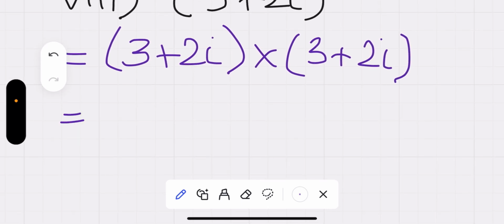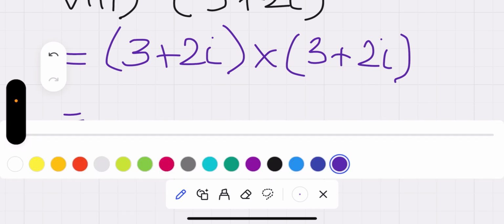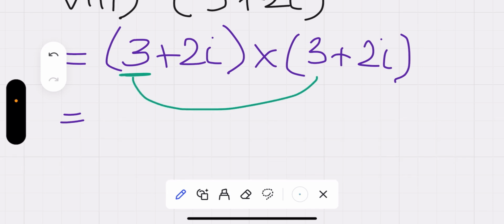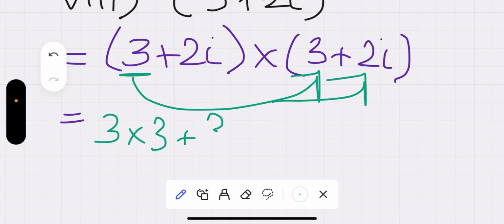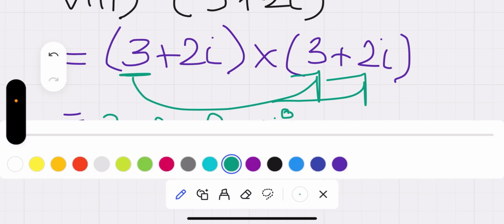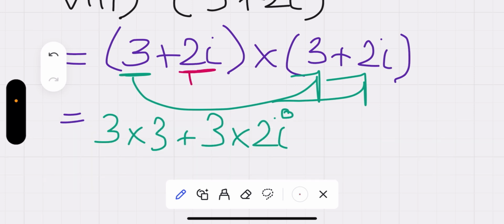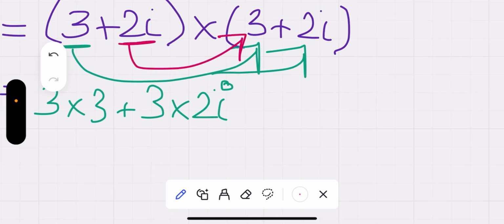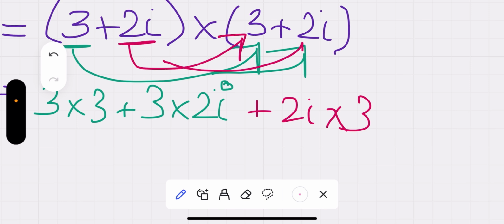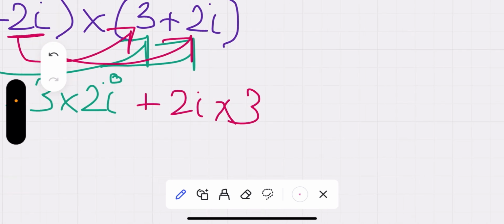Okay, now we know the previous method, that first this term will be multiplied with both terms of the second bracket. So 3 times 3 plus 3 times 2 iota, and the next term 2 iota will be multiplied with both terms: plus 2 iota times 3 and plus 2 iota times plus 2 iota.